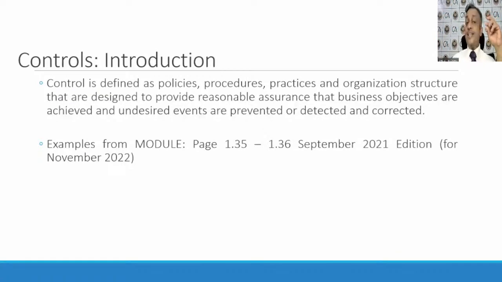Okay. So when I say preventive, so fireproof material, fireproof cabinet, no smoking zone, that is preventive. Detective, fire alarm, detective. Fire smoke detector, detective. Corrective, fire extinguishers are corrective.